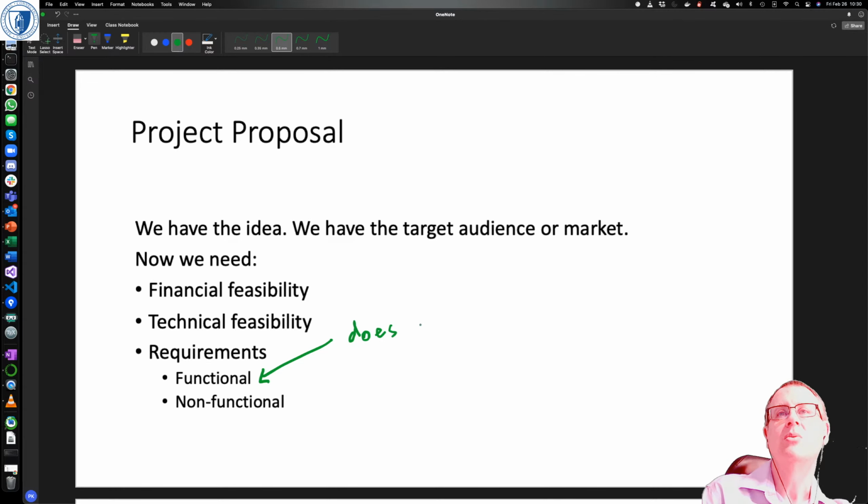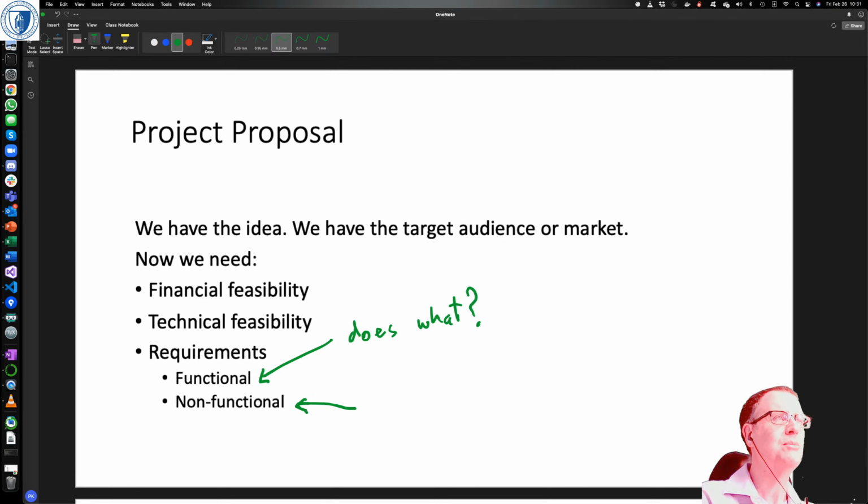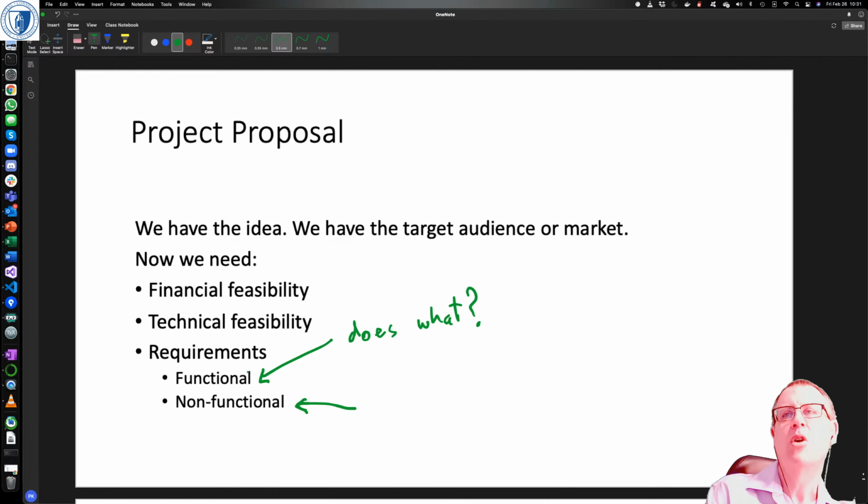What does it do? Right? And then normally people talk about non-functional requirements, but I dislike the term non-functional, because if something is non-functional for me, it's broken. Right? So I often change.